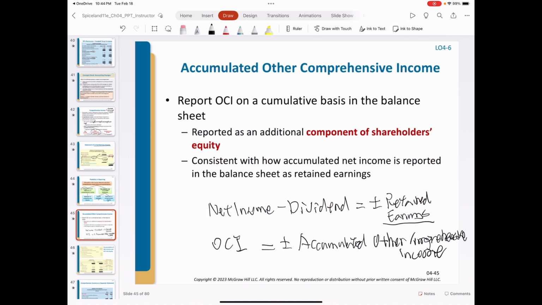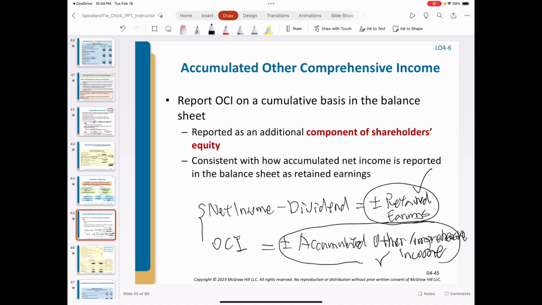Retained earnings, you can think of it as accumulated unpaid realized earnings. In the balance sheet, we report the accumulated amounts into these two accounts for realized earnings and unrealized earnings.